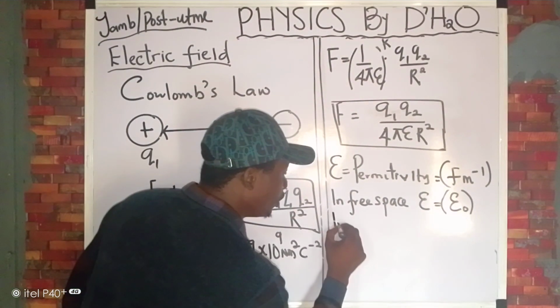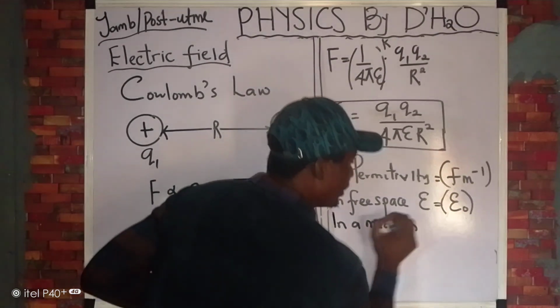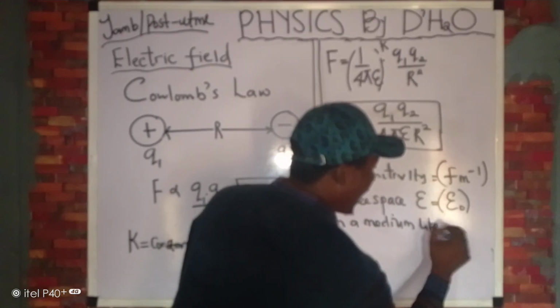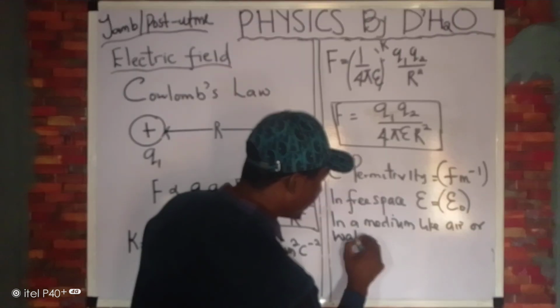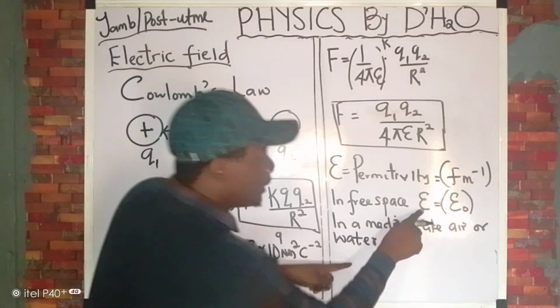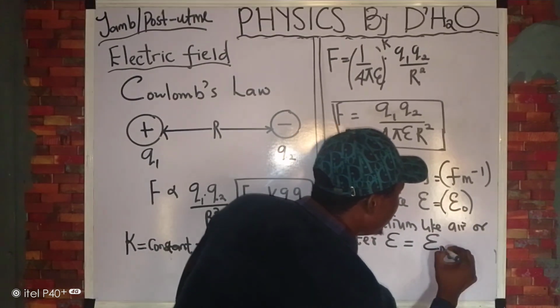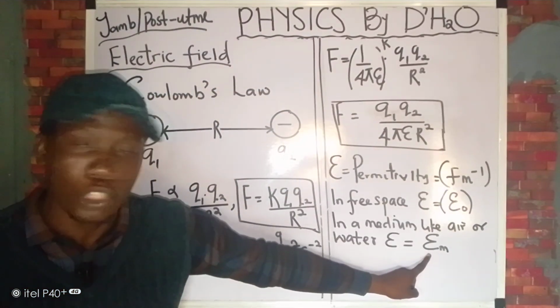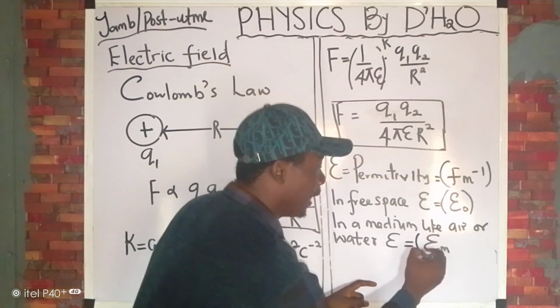Then in a medium, what did I tell you is a medium? In a medium like air or water, this permittivity now will turn automatically to become permittivity of the medium. This permittivity of the medium, this permittivity of free space. So take note of that.